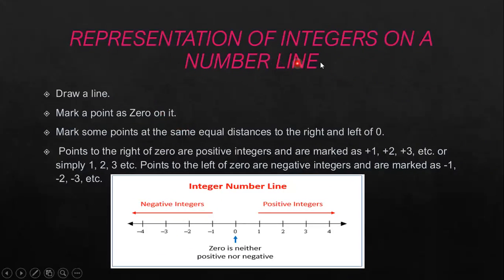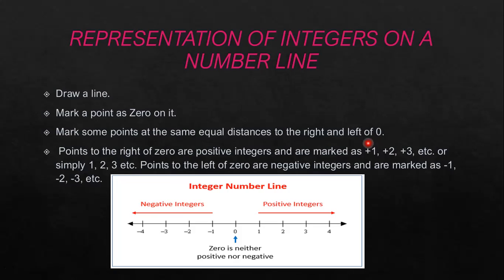Next is representation of integers on a number line. So how do we represent the numbers on a number line? First you have to draw a line, and after that mark a point as 0 on it, in the center. Mark some points at the same equal distance to the right and left of 0.